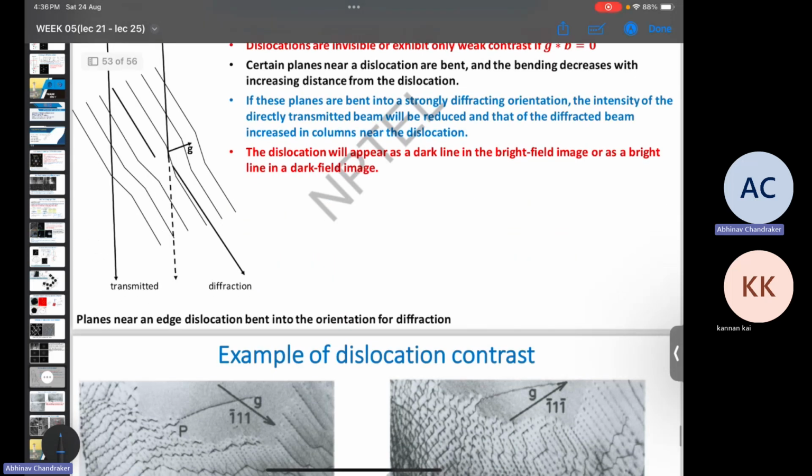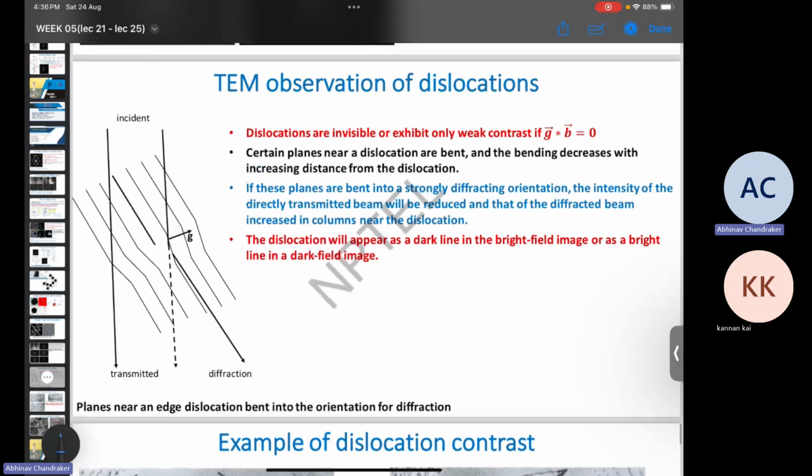A very simple way of understanding dislocations is looking at this particular case where you have a stacking of atomic layers, atomic planes, and there is one extra half plane here, which is called an edge dislocation. If you have an extra half plane like this particular line, which goes into the paper, you have an extra set of atoms which are not bonded to any atom here.